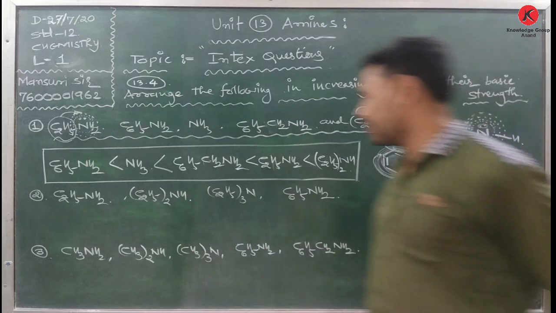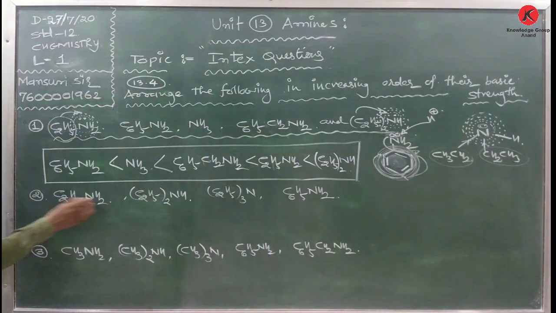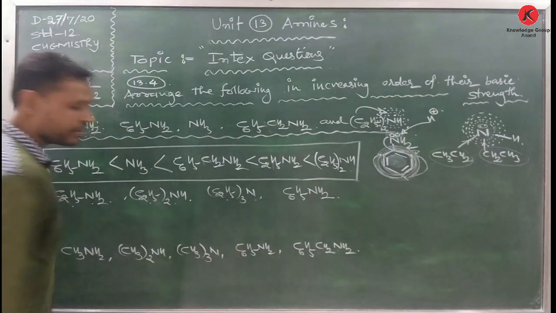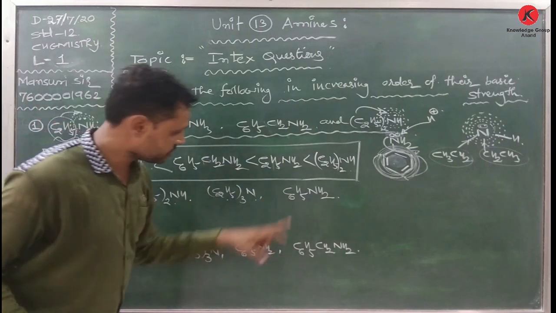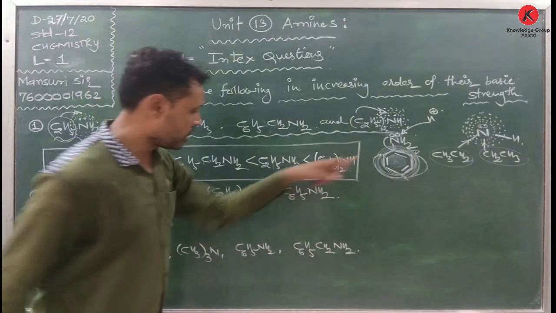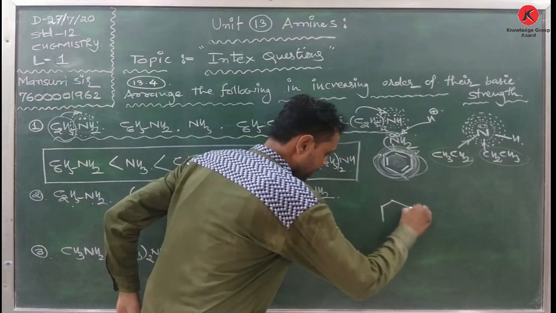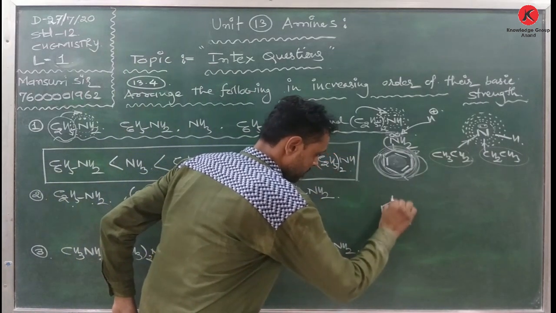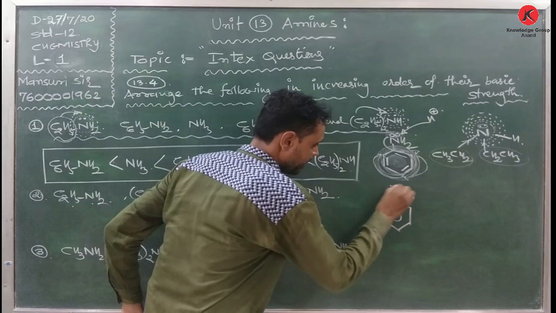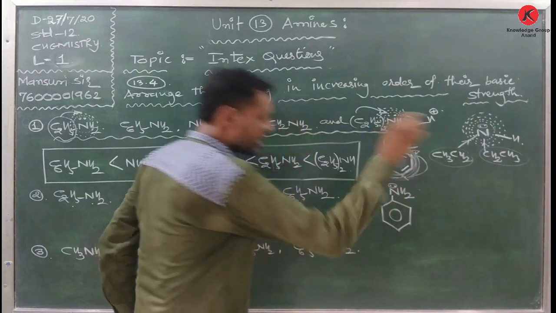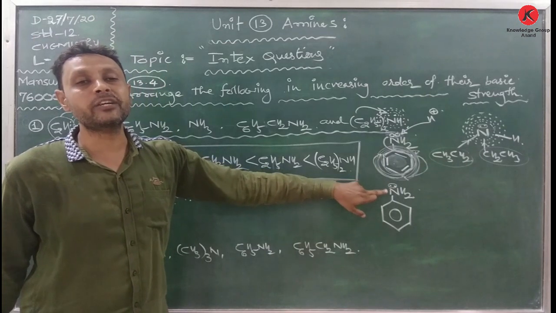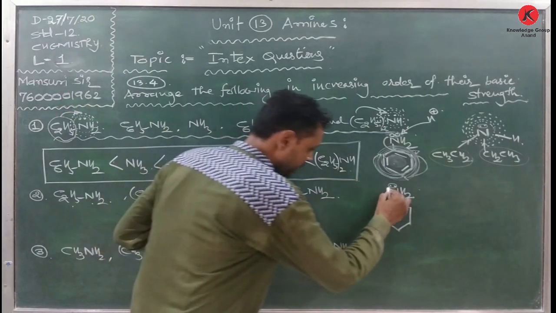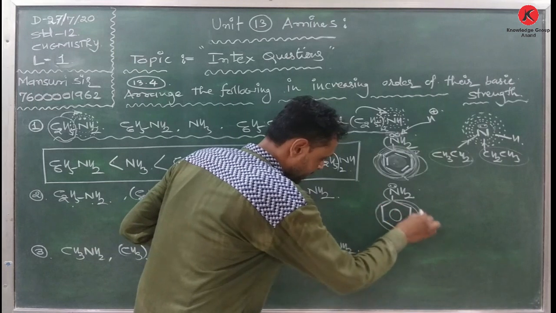Okay, now second we will discuss ethyl amine, diethyl amine, triethyl amine and aniline. You know very well, as we discussed previously, there is a ring containing NH2. The lone pair electron on nitrogen will be delocalized.